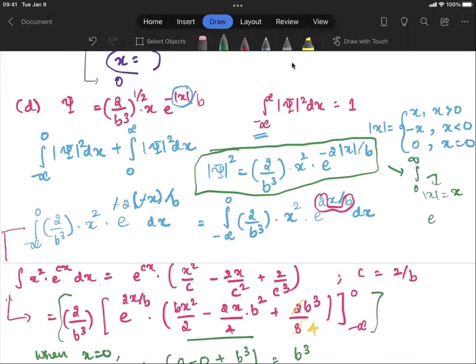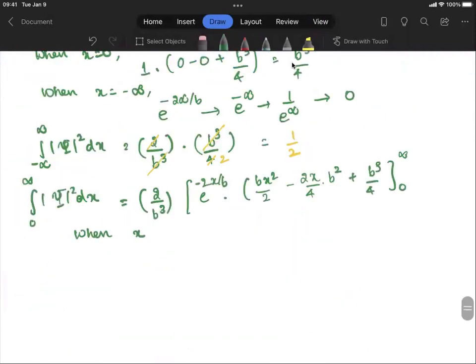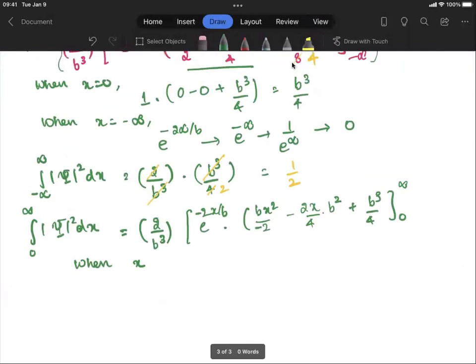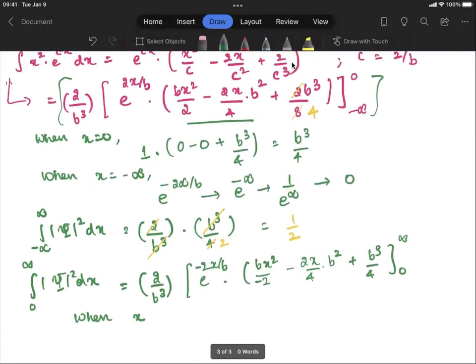So you will basically end up with an exponent that is minus 2x over b. My bad, I'm going to add a negative 2x there. And we'll have a negative sign here and here, because wherever you have c and c cubed, they will be negative 2 over b and negative 2 over b cubed. So the negative sign will be present here.